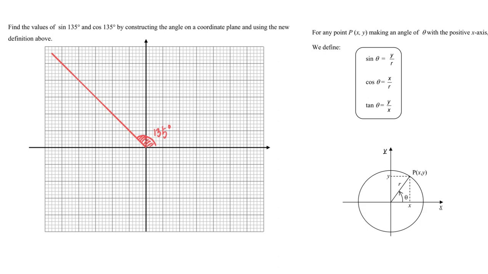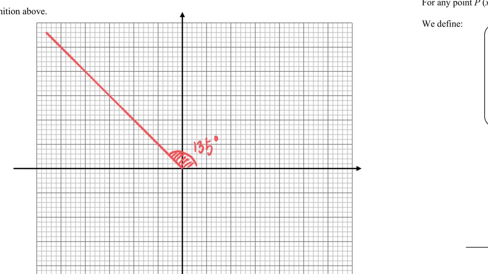So one convenient point for us to take would be this point here, where I am going to name it as point P, and that will be my x and my y, where I will have negative 4 here and 4 here.